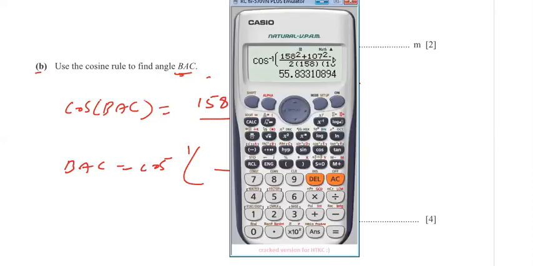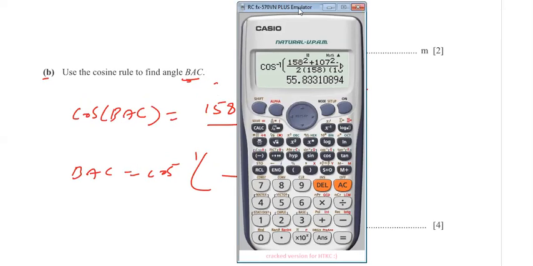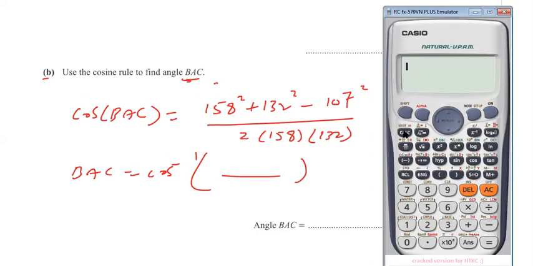Let's calculate now: cos inverse of (158 square plus 132 square minus 107 square) over 2 times 158 times 132 is 42.12.